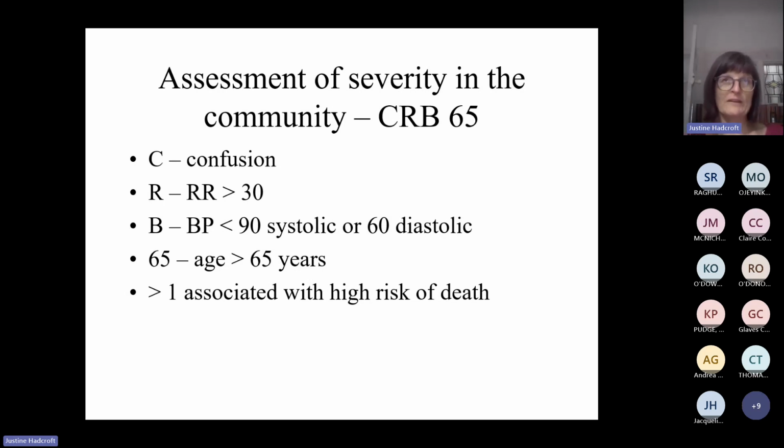However, if we don't have access to U&E point of care testing, then we should use this modified CURB 65, which is a CRB 65, and that's just a 4-point score. So 0 will be mild, 1 will be moderate, 2, 3, and 4 will be severe. So mild might not need us. 1 could be treated in hospital or at home, perhaps on the virtual ward, and 2, 3, and 4 perhaps should be in hospital. And again, the same CRB parameters.